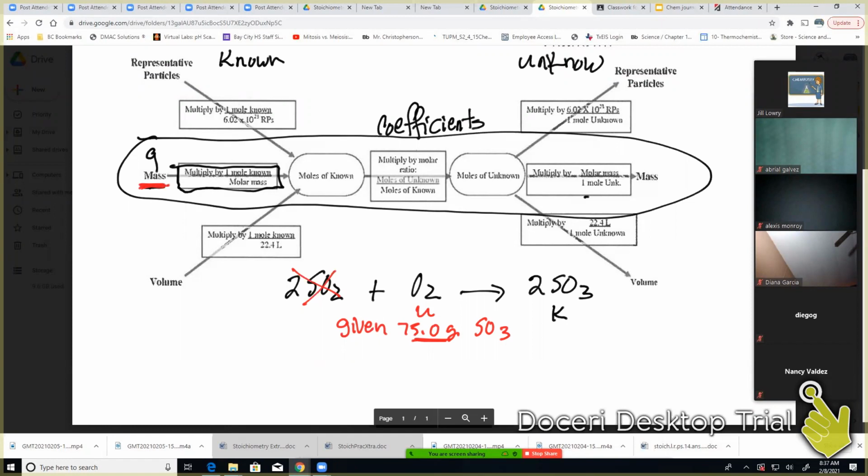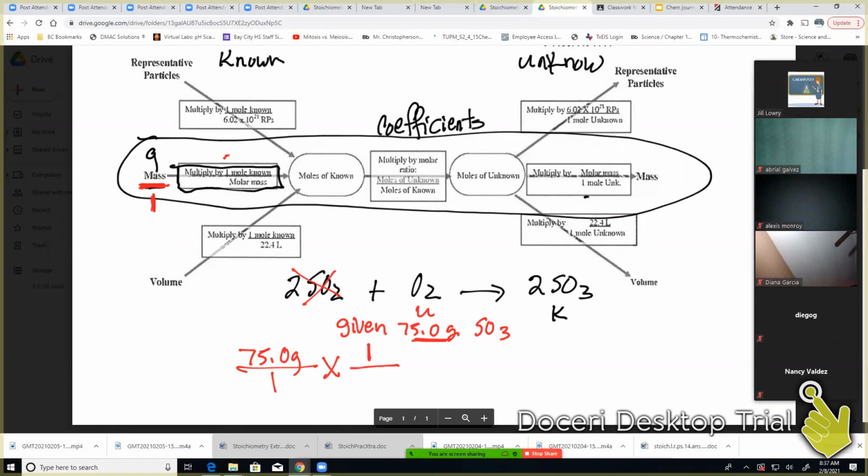And so you're going to take your given mass and you're going to put it over 1. So that's going to be 75 grams over 1. If I put something over 1, it does not change the number. So now I go to this conversion factor, and this conversion factor says multiply by 1 over the molar mass of my known.